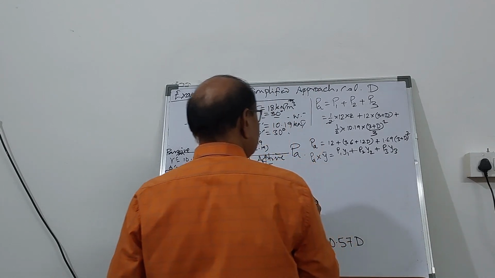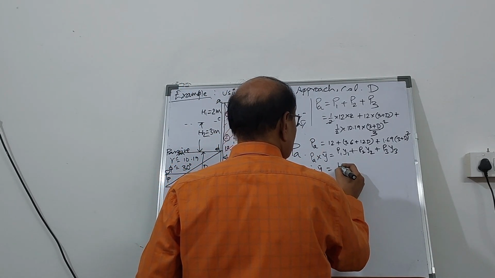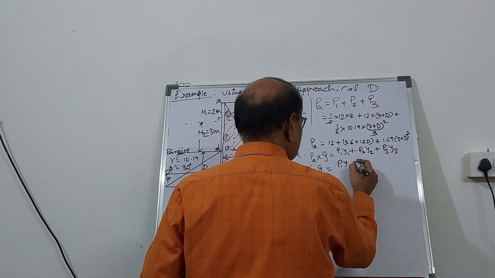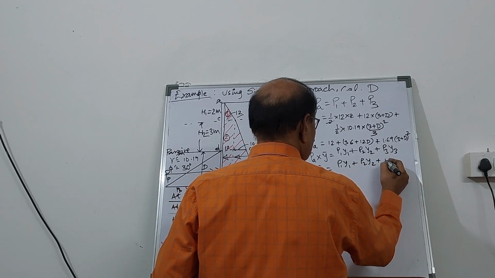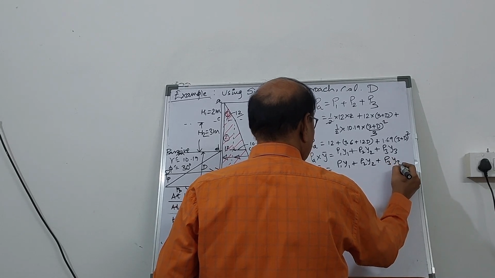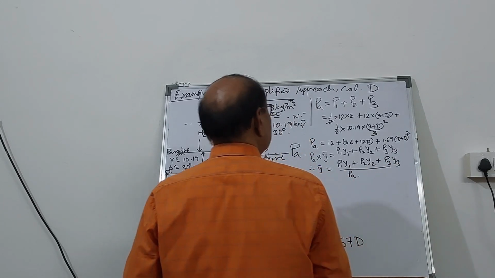Therefore, y bar equal to P1 y1 plus P2 y2 plus P3 y3 divided by PA.